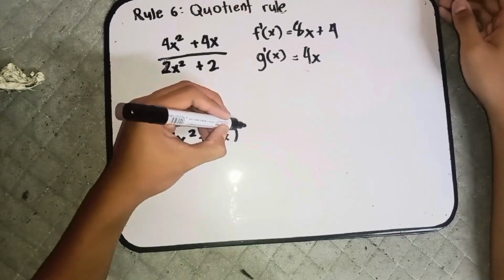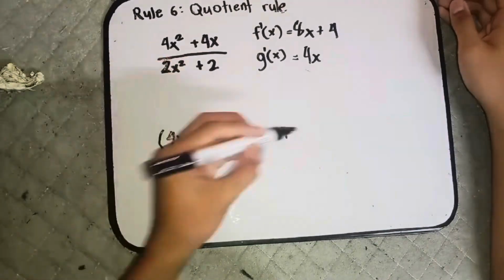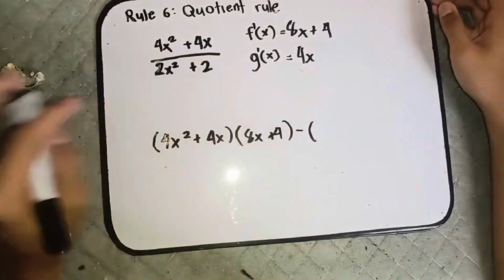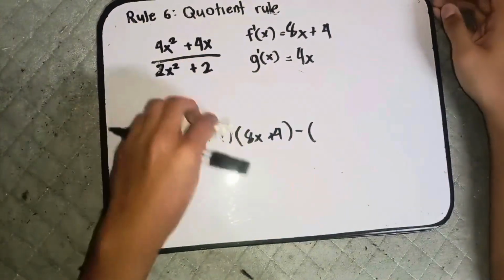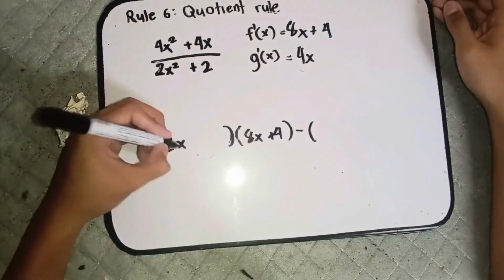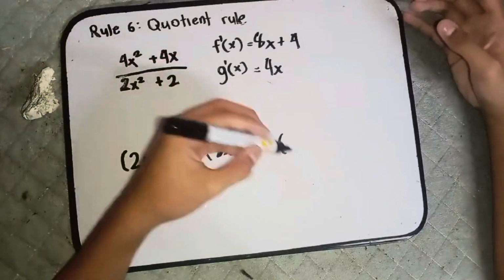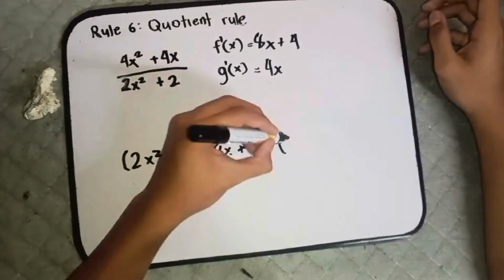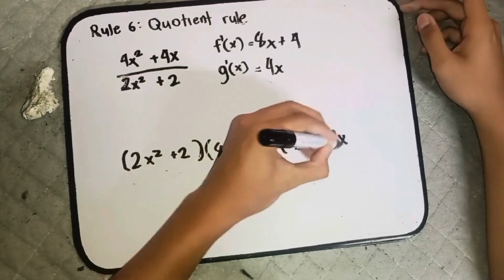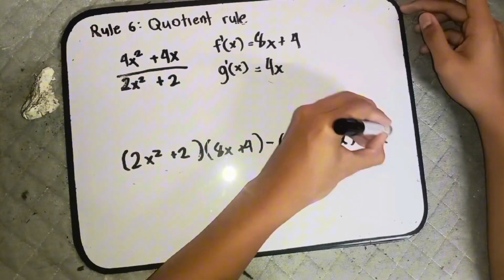Now our derivative of f of x is equal to 8x plus 4, minus f of x is equal to, oh, that's wrong. There should be g of x. Sorry. Now, again, our f of x is equal to 4x squared plus 4x times the derivative of g of x, which is equal to 4x.